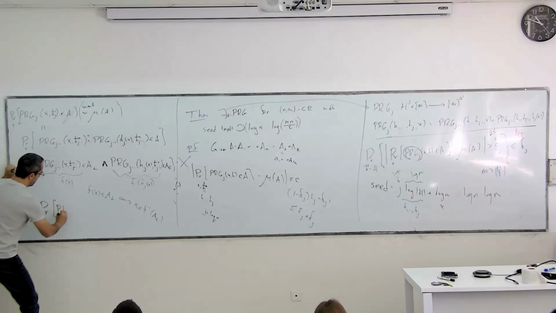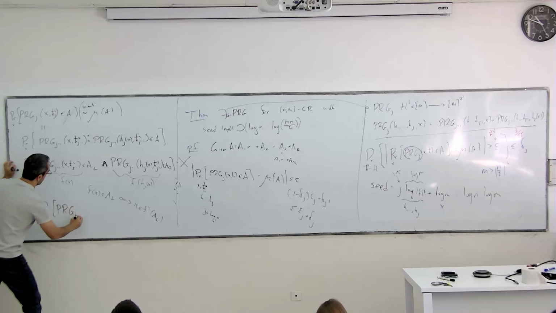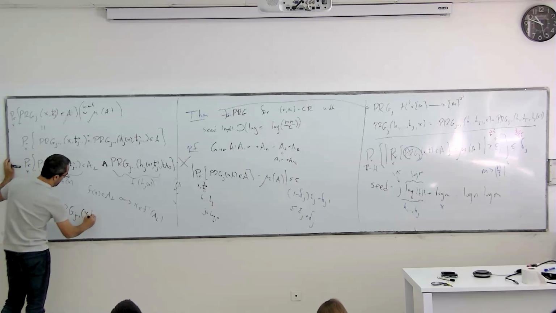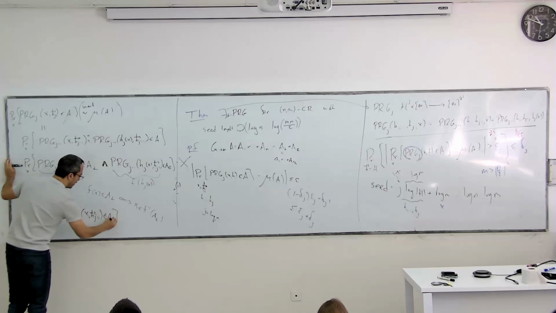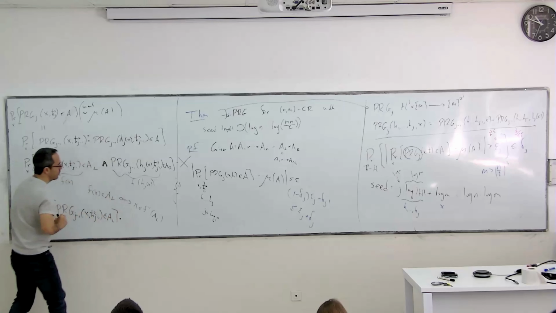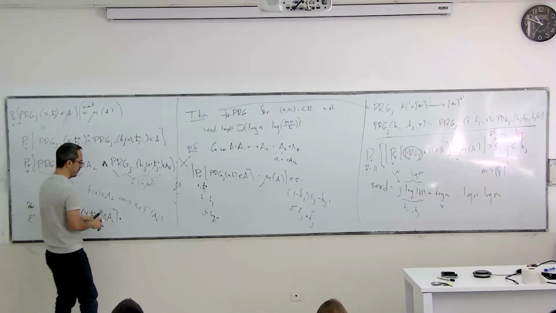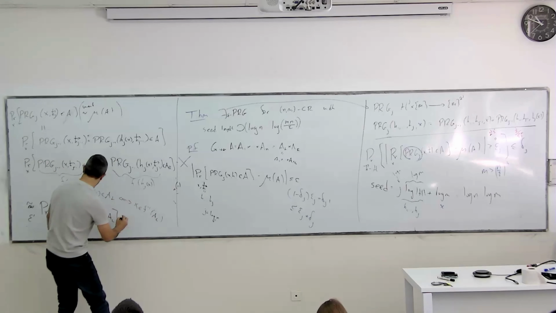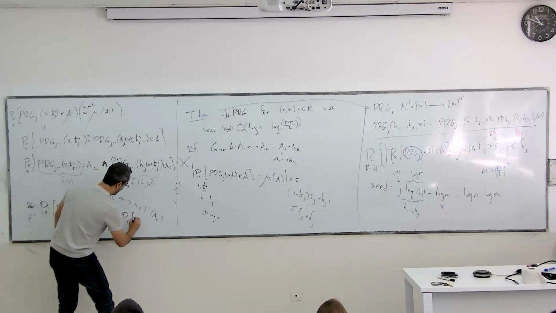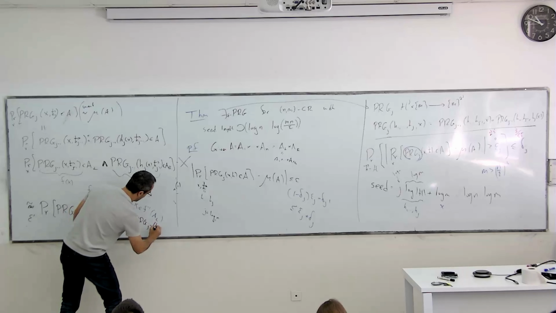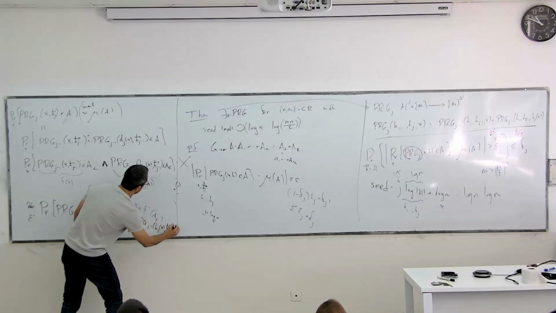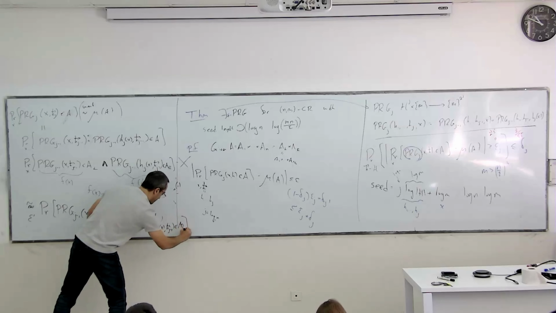It means that you have the probability that PRG j minus 1 of X, H j minus 1, is in AL, and this is important, times the probability that PRG j minus 1 of H j of X, H j minus 1, is in AR.